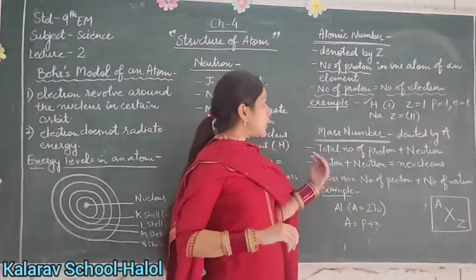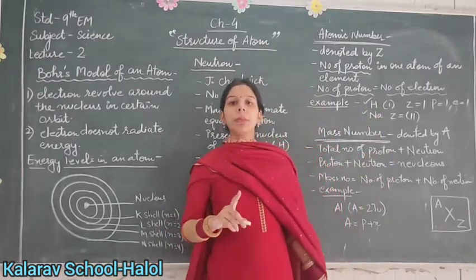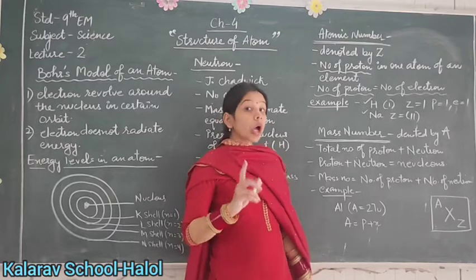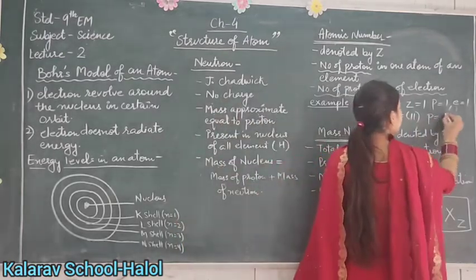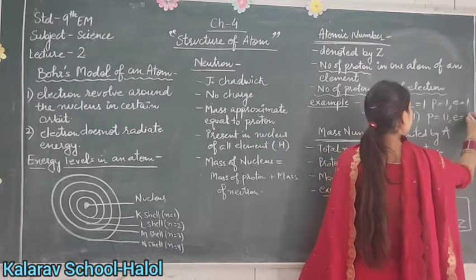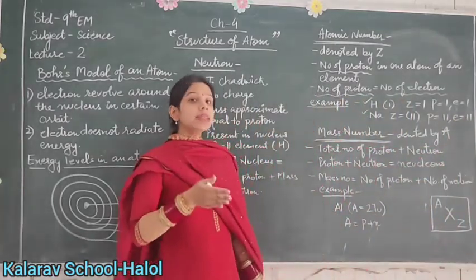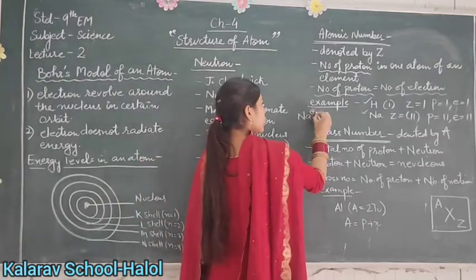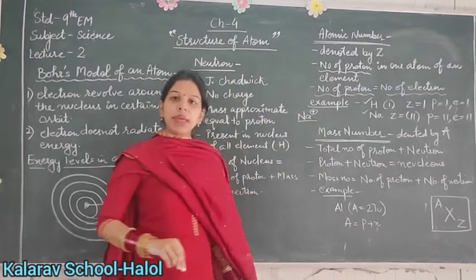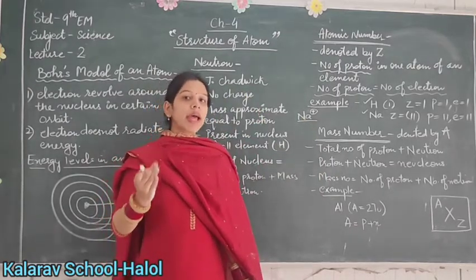Clear? On the other side, sodium. For sodium, the atomic number is 11. So atomic number 11 means sodium has 11 protons and 11 electrons. But if we say Na positive, Na positive means sodium cation.